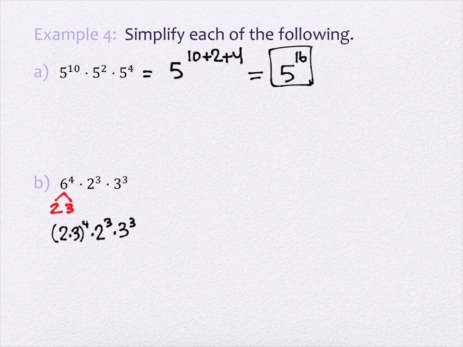Do you see a property that I can use? You can use property number 4 that distributes the power to each of the pieces. So this is 2 to the 4th, and then 3 to the 4th, and then 2 cubed and 3 cubed.